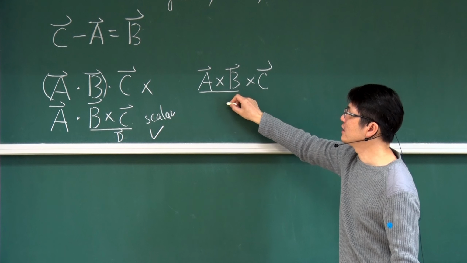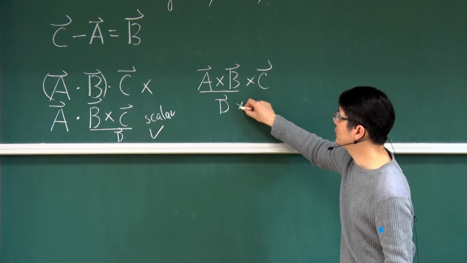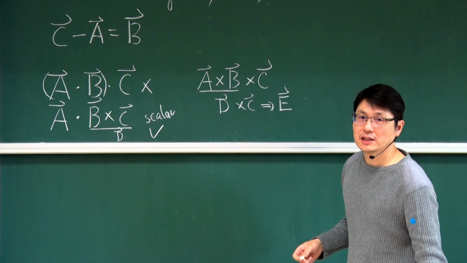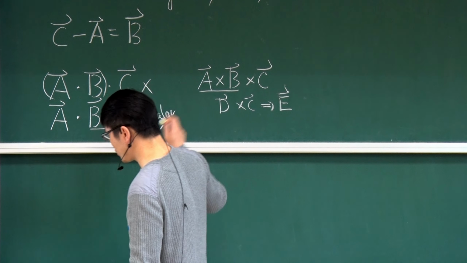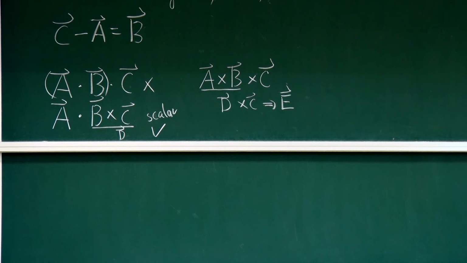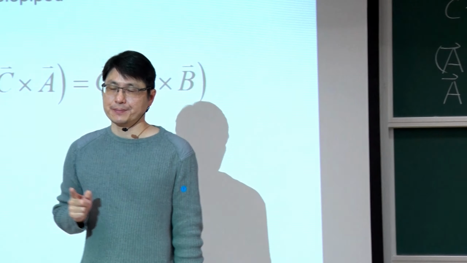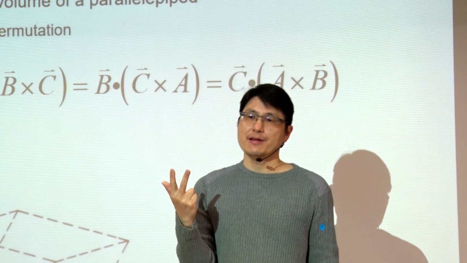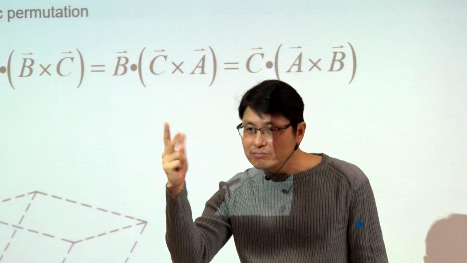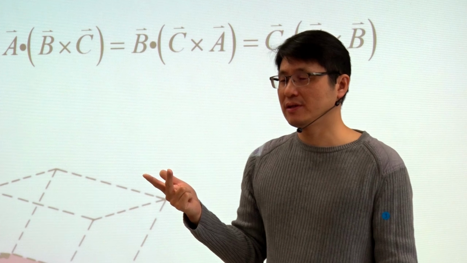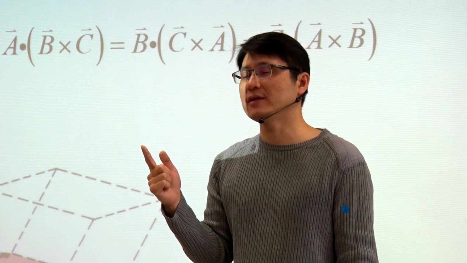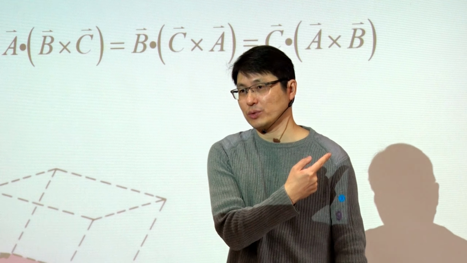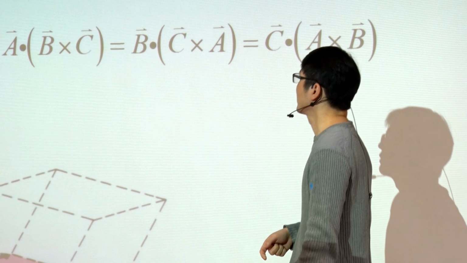A cross B gives me D, so D cross C gives me E. So the third choice cannot give me a scalar. So when you have three vectors making multiplication and you want to arrive at a scalar, this is probably the best choice. Probably the only choice you have.